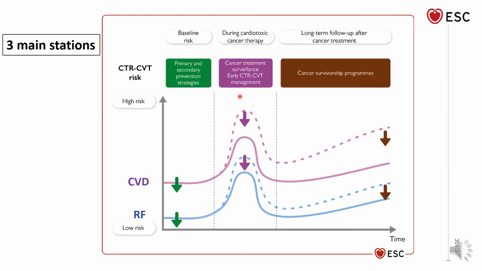The frequency of this surveillance depends on the baseline risk assessment. For example, if we have a high-risk or a very high-risk patient, the surveillance will be closer, at a shorter interval, than for another patient who has a low or a moderate baseline risk.